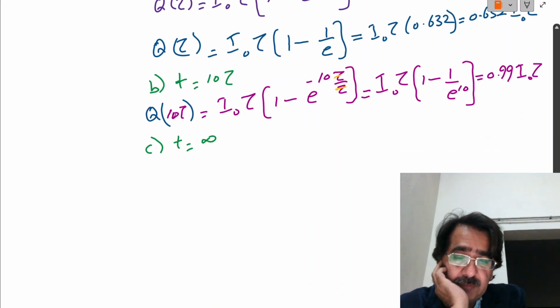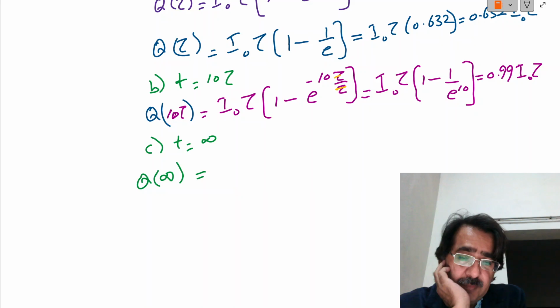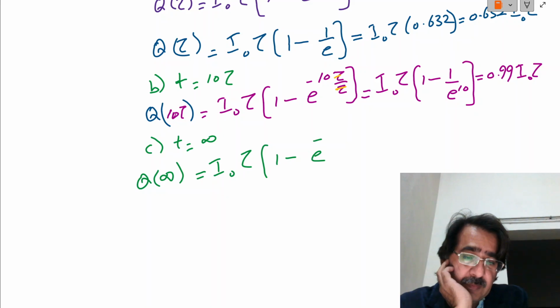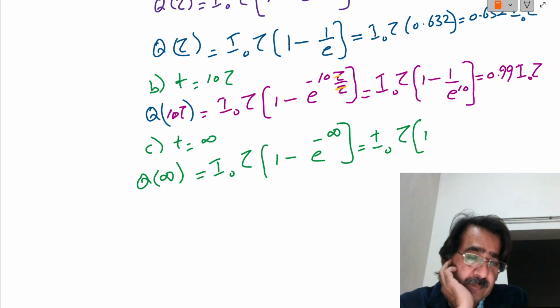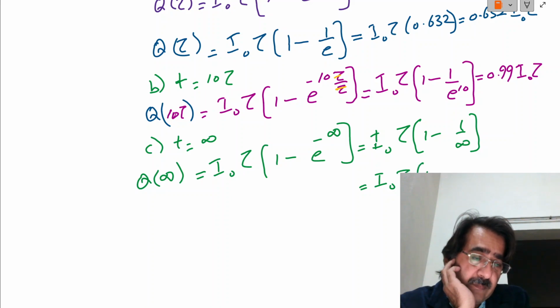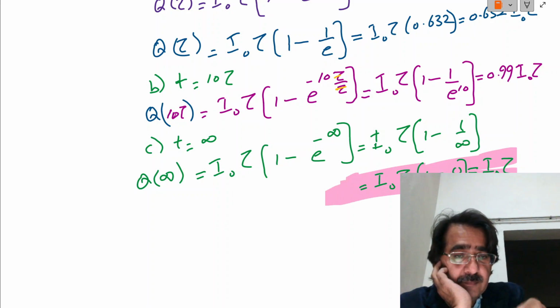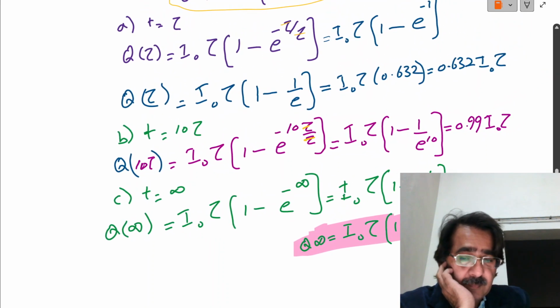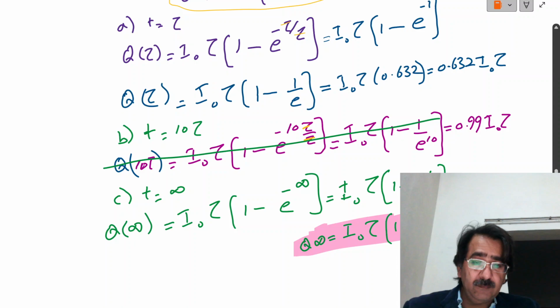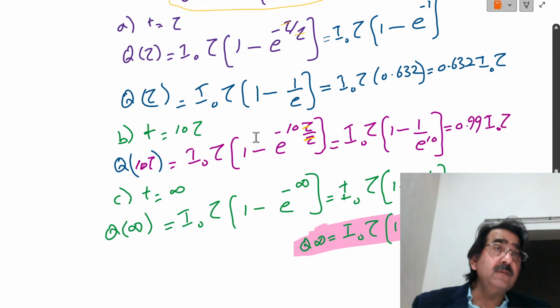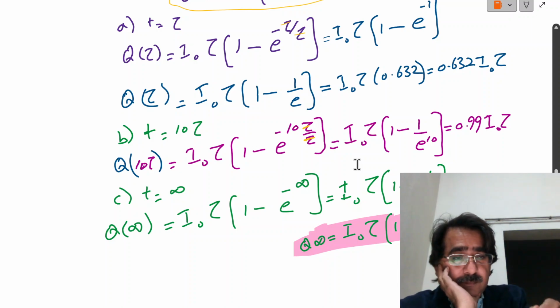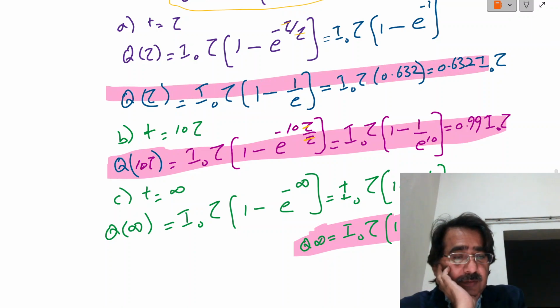So q infinity will be equal to I naught tau times 1 minus exponential of minus infinity, that is 1 over infinity, so 1 minus 0, and then that will be I naught tau. So these will be the different answers.